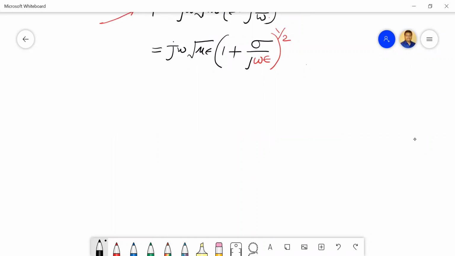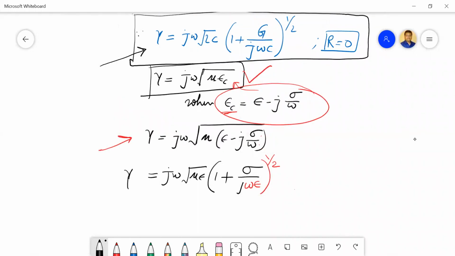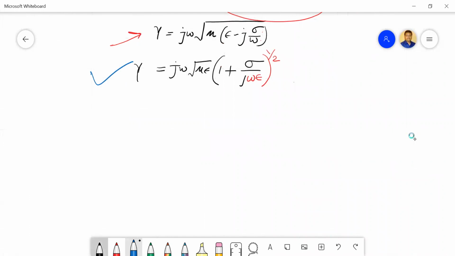Now you have two different expressions for gamma here. One is in terms of the lumped values, another is in terms of the material parameters. And if you see, the forms are more or less similar, so it is better to compare them. If you compare these two forms, you can estimate some relations.